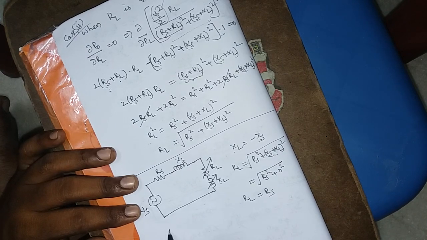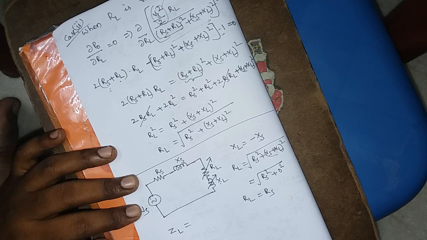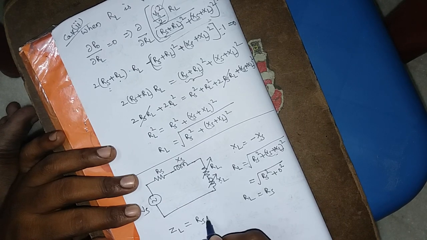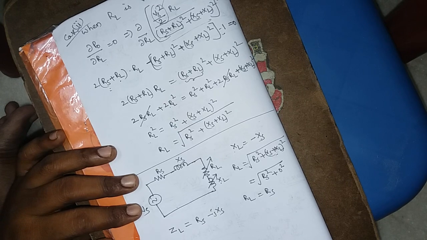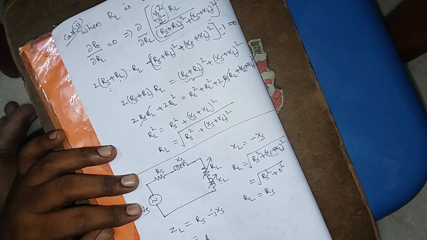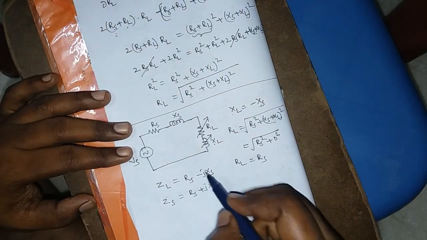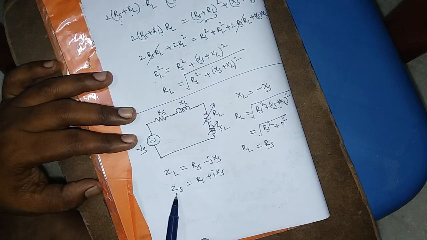So hence what is ZL? ZL is equal to RL is RS minus J into XS, when ZS is equal to RS plus J into XS. Okay, now if you observe these two equations, this is the complex conjugate of this one.